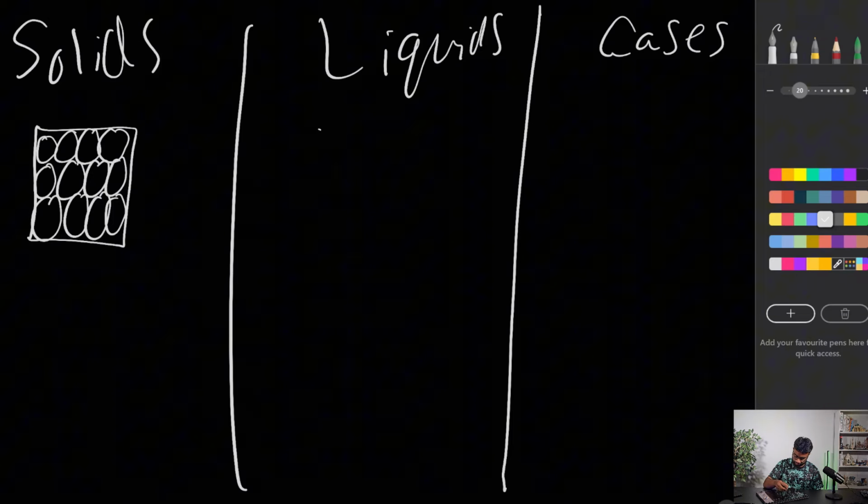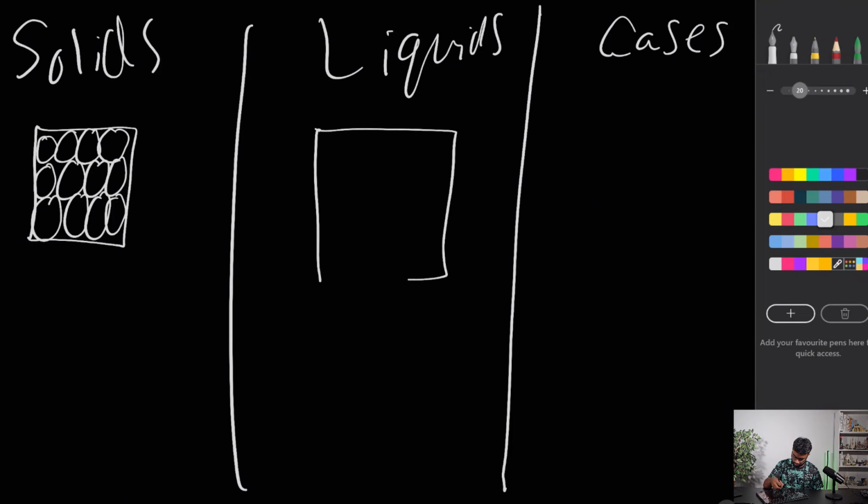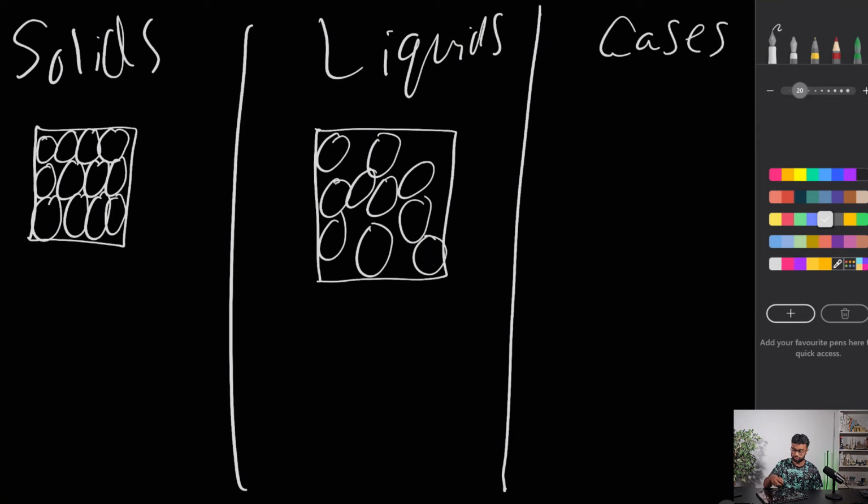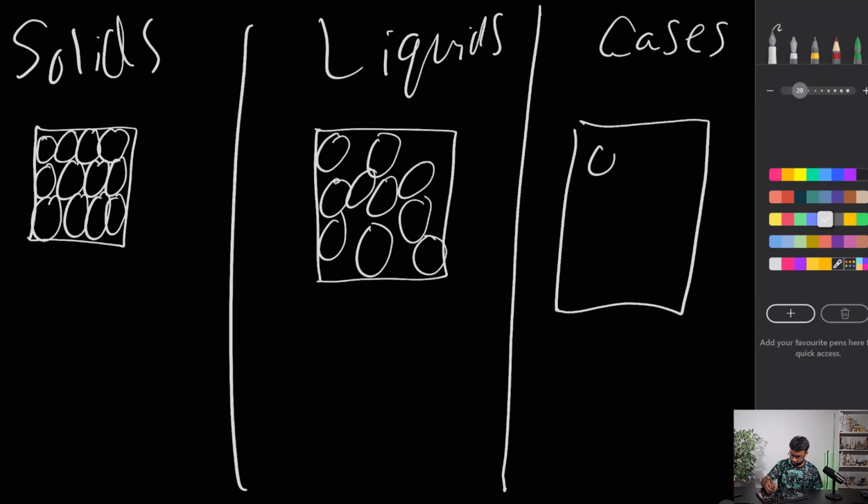In a liquid, it would look like this. They'd still be pretty closely packed together, but there's more freedom, they can move around more. And in a gas, they would be few and far apart, and they wouldn't really be close to each other that much.